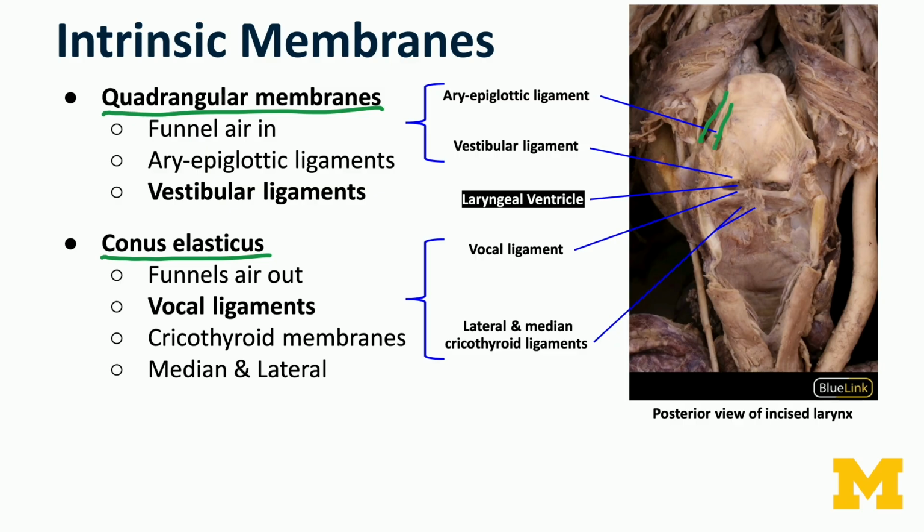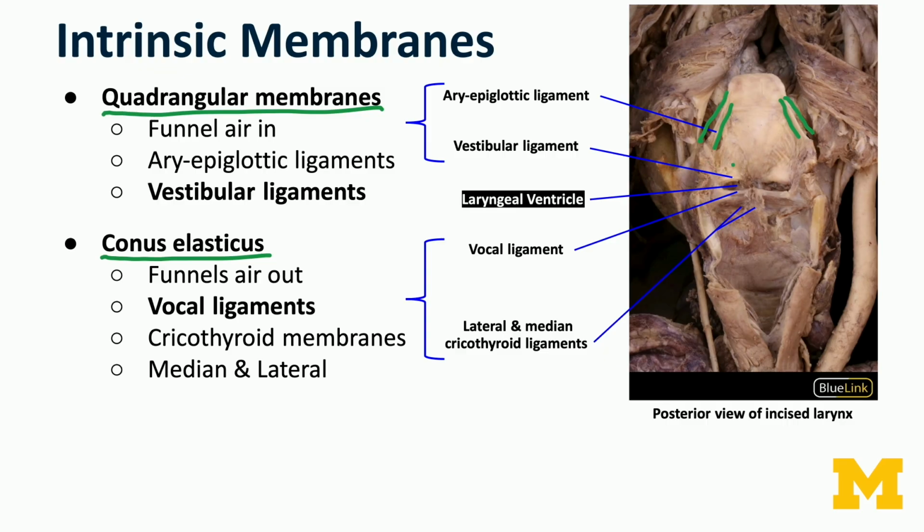The first one are the aryepiglottic ligaments. Those aryepiglottic ligaments are invested with mucosa to form the aryepiglottic folds, where we can find the cuneiform cartilages. We can see these on either side, and so you can imagine how they might help affect the shape of the laryngeal inlet.